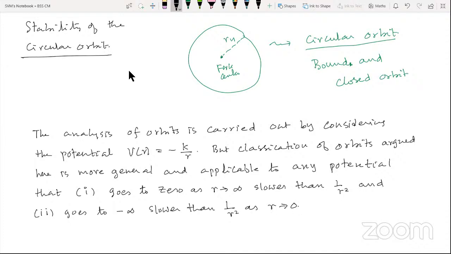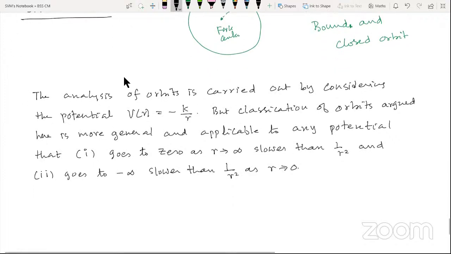So any potential that exhibits this particular behavior, this classification is valid.